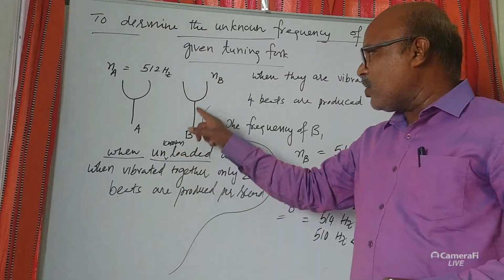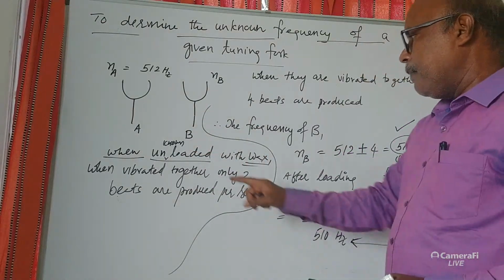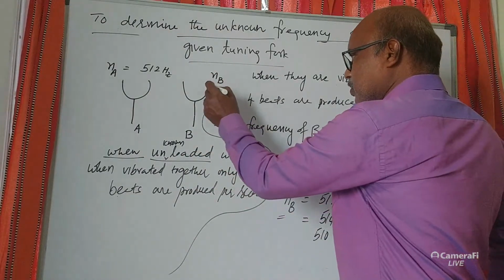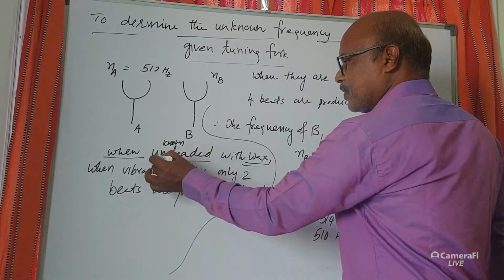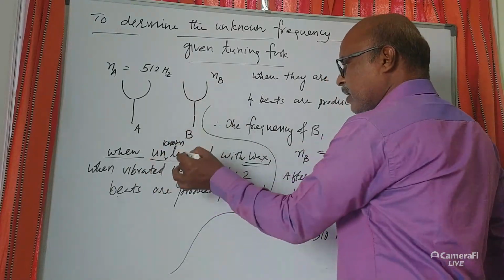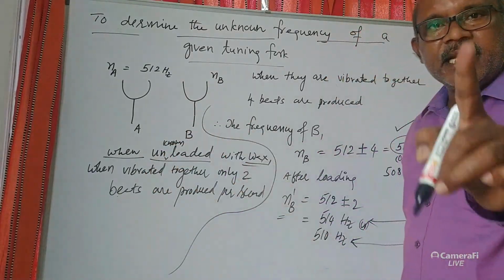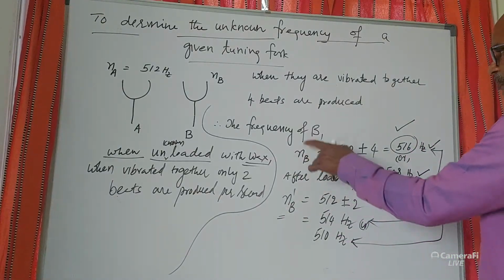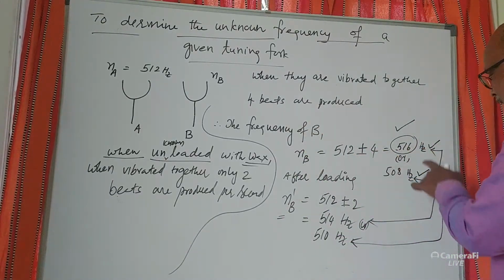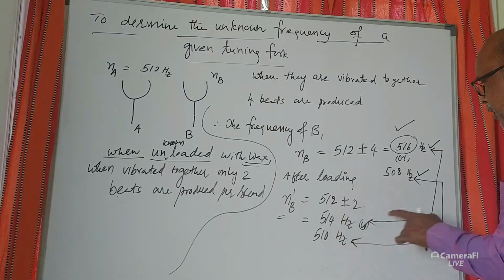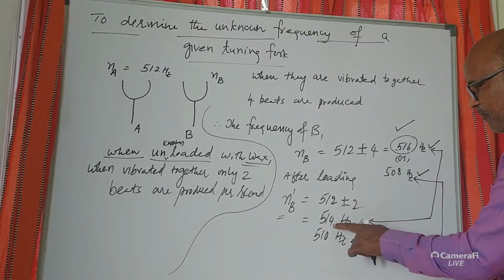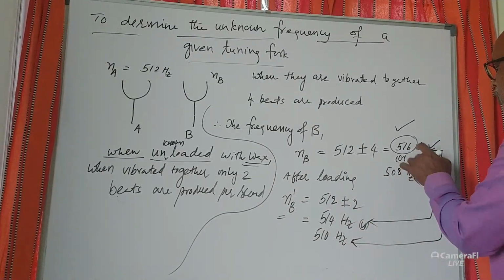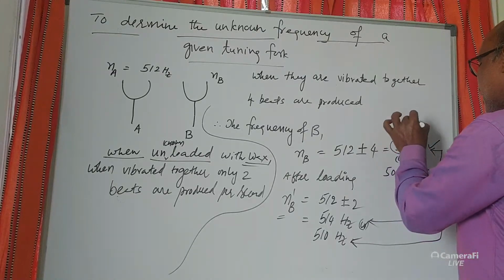We have the unknown fork B, which is loaded with wax. When the unknown is loaded, its frequency must decrease. Before loading it is 516, after loading it is 514, which means 516 becomes 514, so this will be the right option.